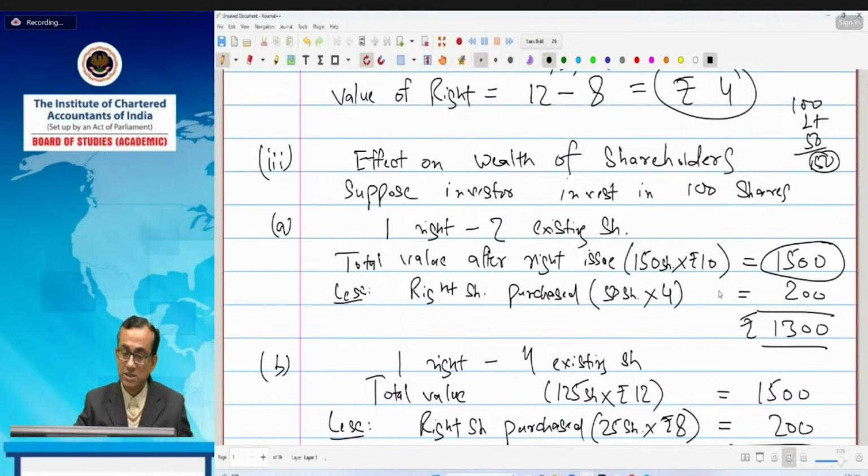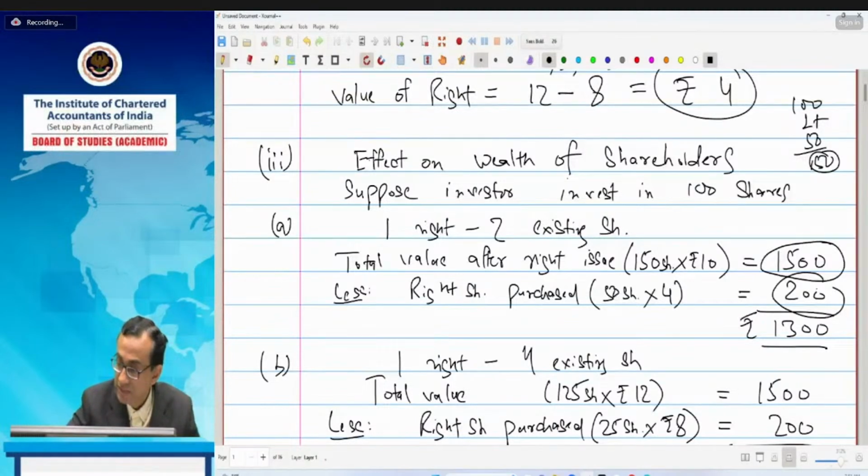And from this, the right shares purchase is deducted, whatever amount has been expended through the right purchase. 50 shares he got from the company, and for these 50 shares he has to pay at the rate of rupees 4, which I have already calculated. So 200 rupees he has to pay.